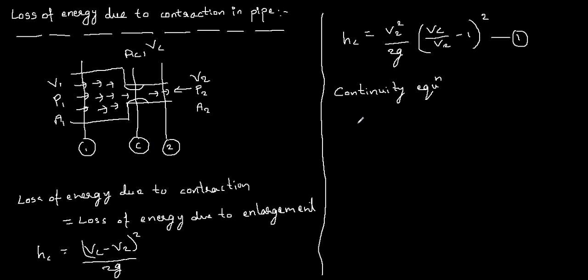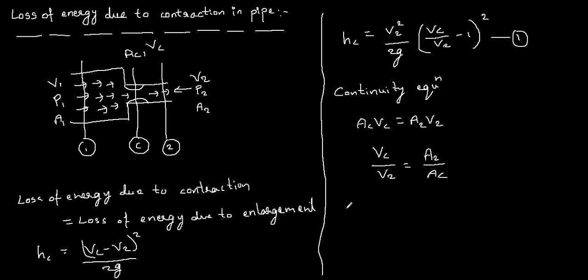We'll get Ac Vc is equal to A2 V2, because the flow rate formula is area into velocity. So now I can write Vc by V2 is equal to A2 by Ac.